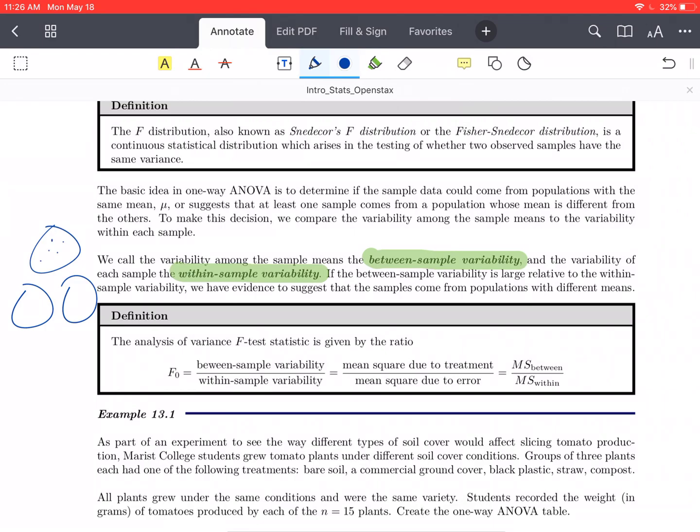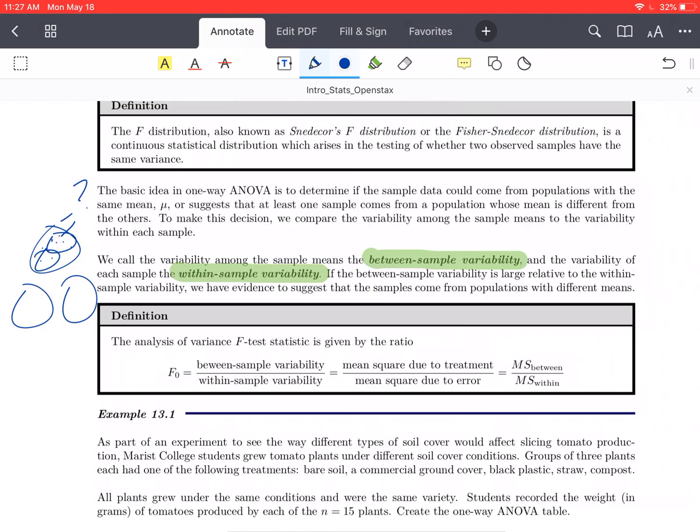If we're talking about within sample variability, I'm talking about the mean of the values in this sample. If you take a bunch of values from this one and you get their mean and calculate whatever that value is, and you look at values within the sample, then we have variability there.